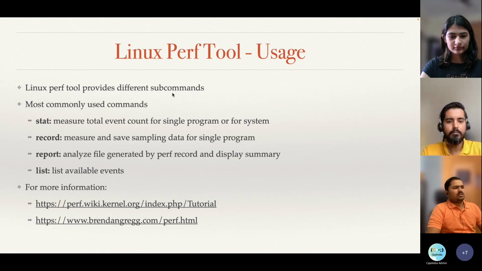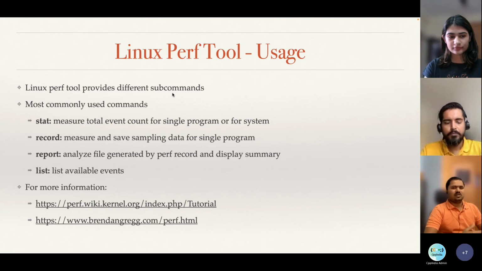Whereas perf record doesn't only record the statistics, it records the sample data. It records the call graph and other details as well, and it records in a binary format. The perf report tool analyzes whatever you have recorded using perf record in that binary format and displays it in different forms. One form is just a text form.